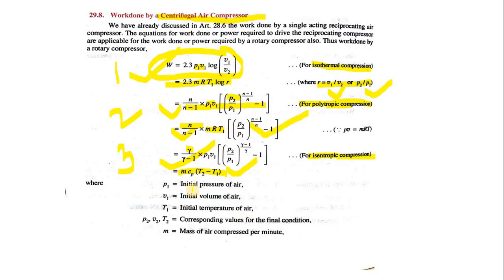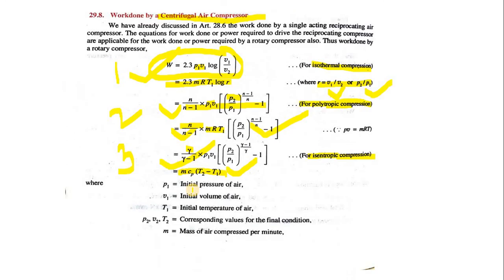The second term is related with the power. Again the formula is the same for that isentropic compression. We already discussed the formulas of work done related with isothermal, polytropic and isentropic compression. Here they mention the formula of work done for polytropic compression: m Cp into T2 minus T1.